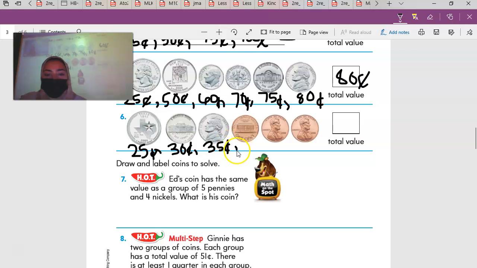Plus a penny is 36 cents, 37 cents, 38 cents. So the total value is what? 38 cents. Pretty easy, schmeezy, lemon squeezy.